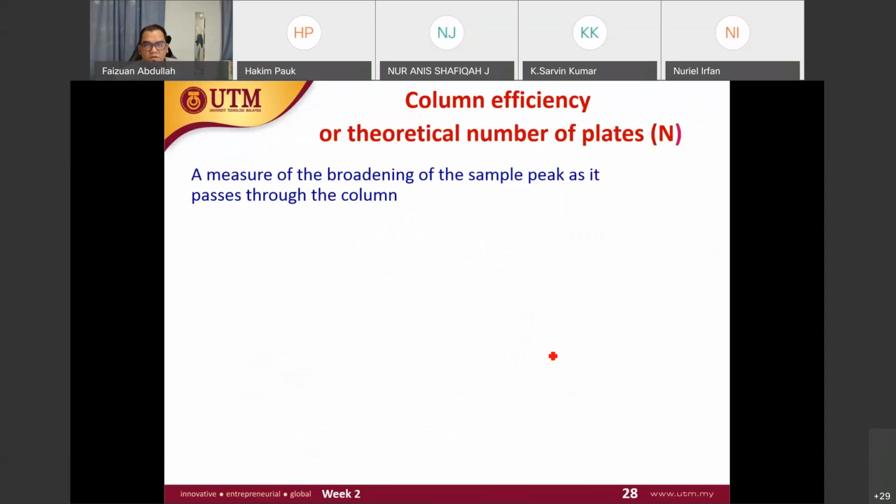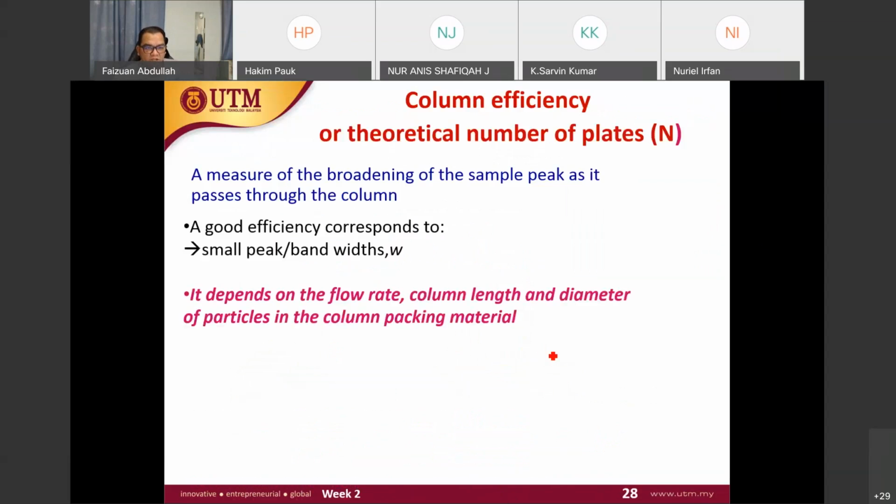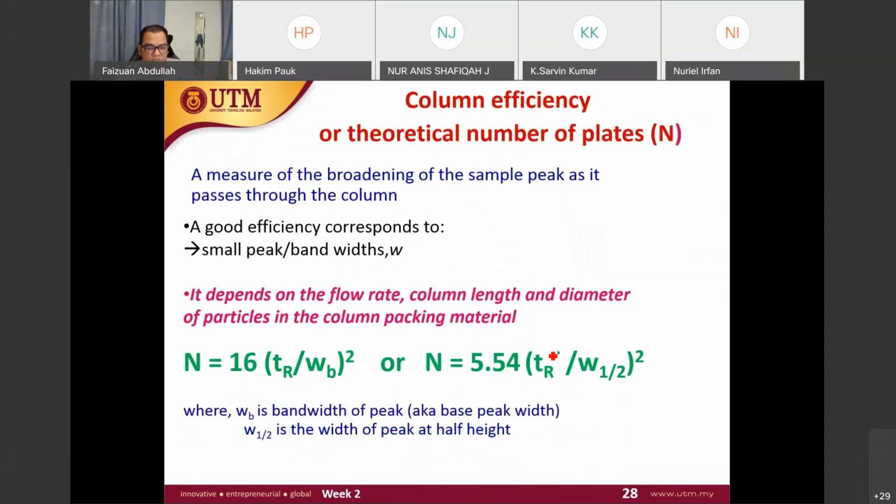Okay. So column efficiency, or theoretical number of plates, N, is a measure of the broadening of the sample peak as it passes through the column. A good efficiency corresponds to small peak bandwidth, with the symbol W. It depends on the flow rate, column length, and diameter of particles in the column packing material. So what is the equation?